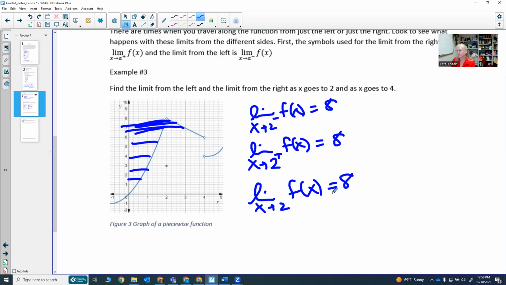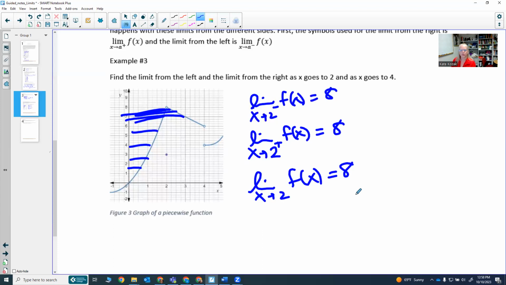While traveling on the graph from x equals 3 towards 4, notice the y values are tending towards 6. So the limit from the left, as x approaches 4 from the left, appears to be 6.